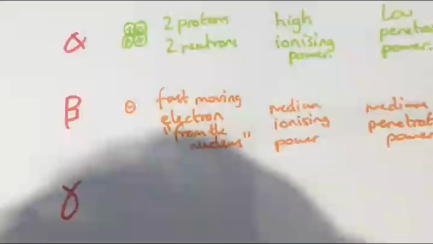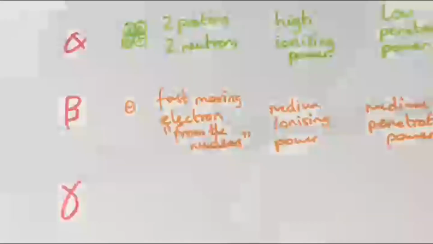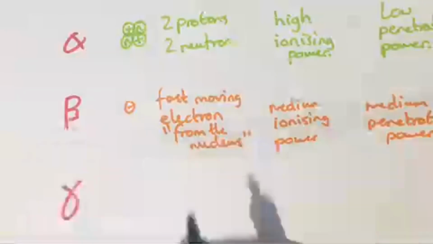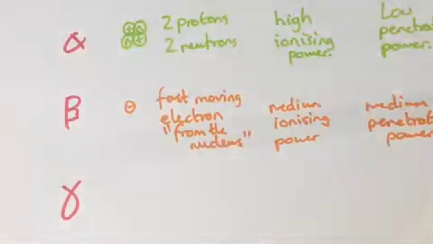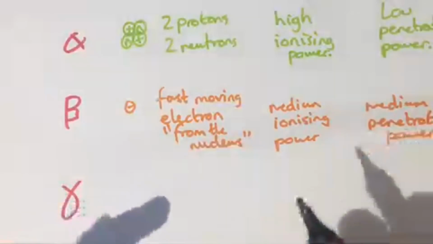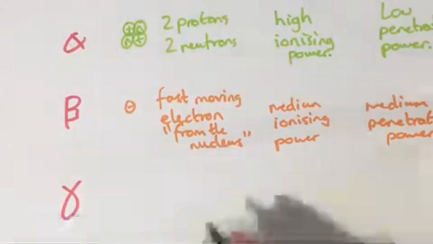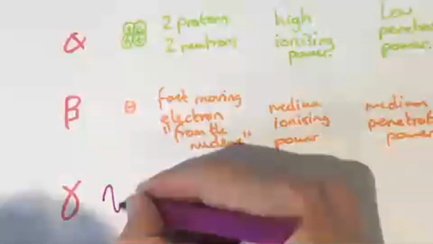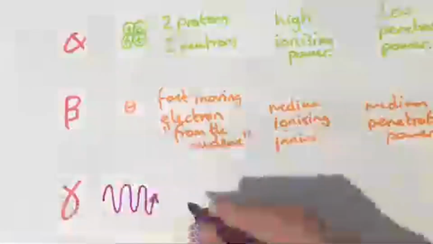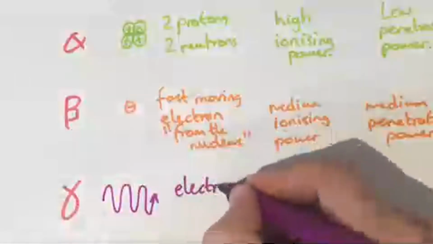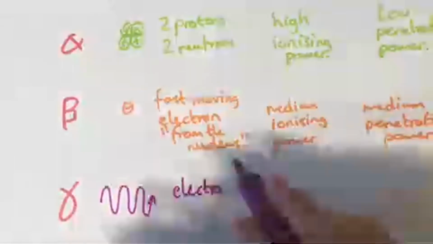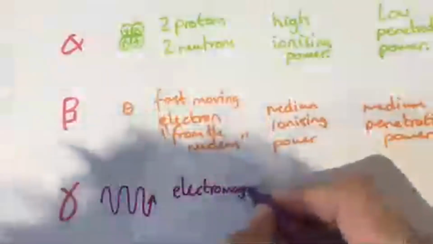That's shocking. Cool. If I look at gamma radiation, if you have an atom, a nucleus which has got a little bit too much energy, it releases that excess energy as a wave. So this is an electromagnetic wave. This is combined science, and this is in both.